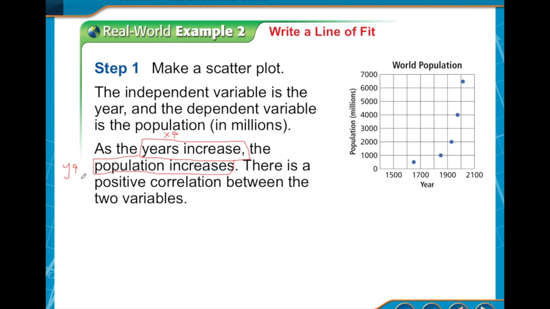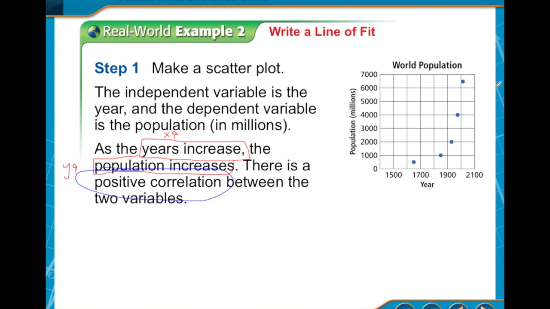So how are our variables related to each other? Well, as one increases, so does the other. So they are positively correlated. They do the same thing. As x goes up to the right, so does the population. And we see the trend of our data going up consistently. So that's where we get this. And that's the key for this section, positive correlation.